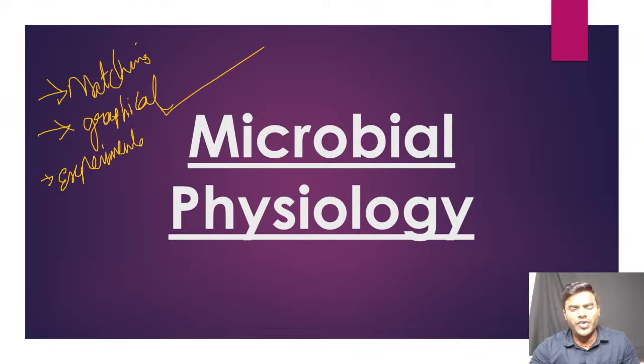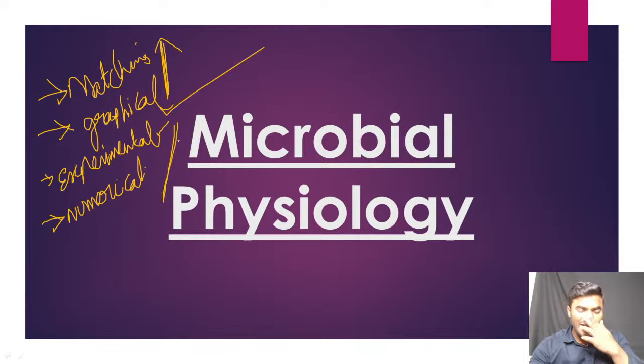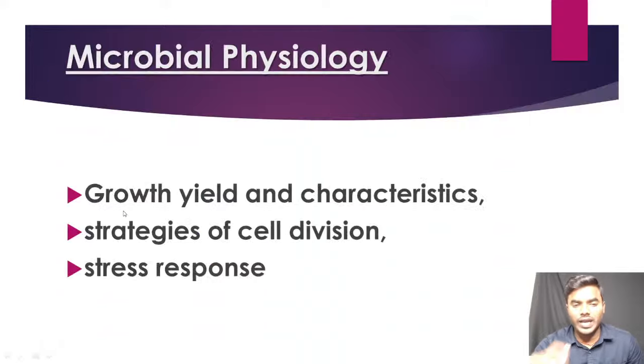Most of the time we don't get analytical or factual statement based questions. We can get graphical questions, experimental based questions, and even numerical questions also. But most of the times we get matching and graphical questions. If you miss the matching and graphical questions, there is a great chance that we can get experimental based questions as well as numerical questions.